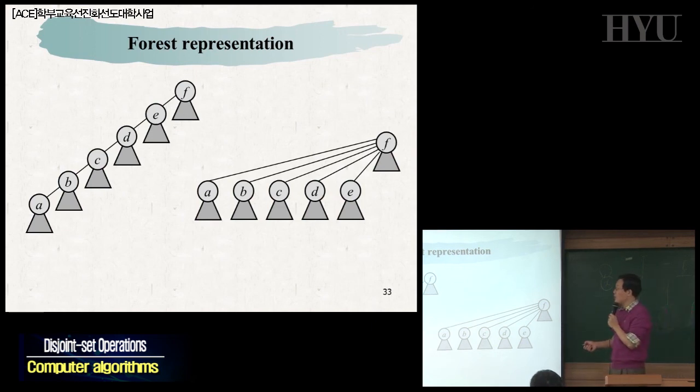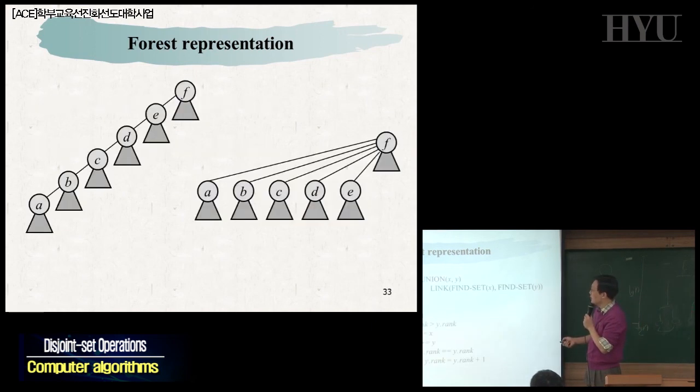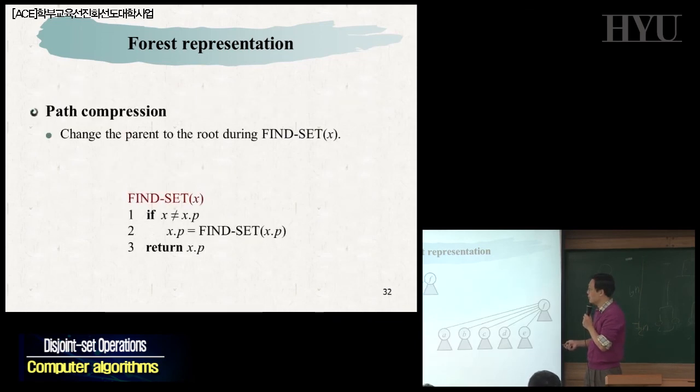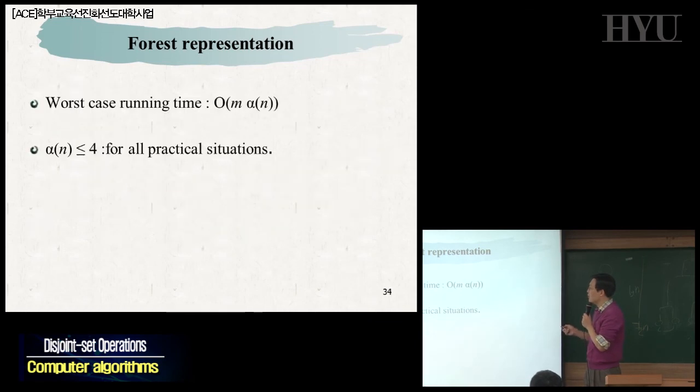So using these two techniques combined, union by rank and path compression, its running time is big O of m alpha of n. This is a very slowly increasing function. So in all practical situations, alpha of n doesn't exceed 4.